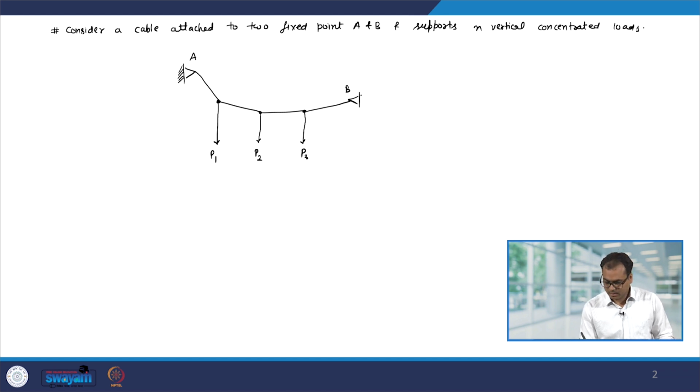Now, as I said, you assume that the weight of the cable is negligible compared with the load that is supported by the cable.